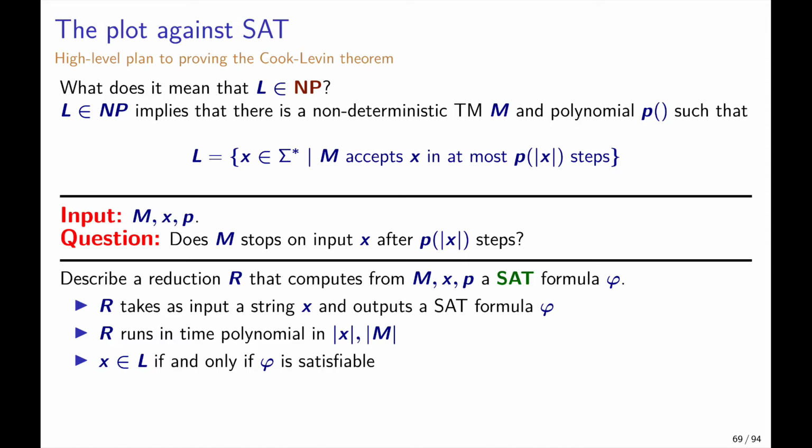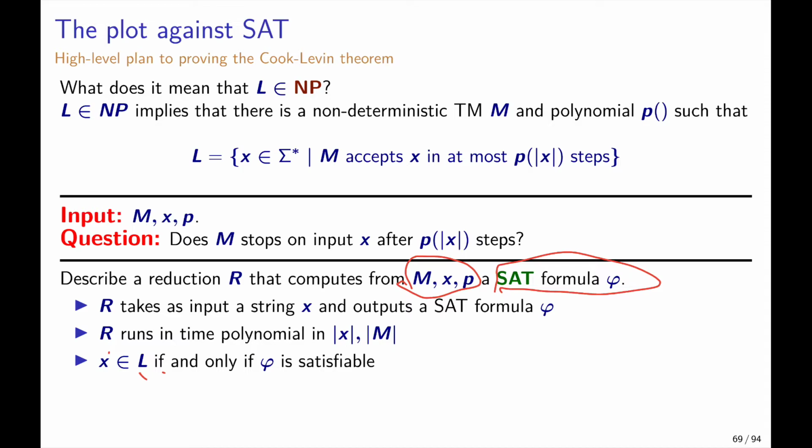So we are going to describe a reduction, a polynomial time reduction, that computes from those three input parameters, M, X, and P, a SAT formula. It's going to be a very large SAT formula. It's still going to be polynomial size in all the parameters, but it's going to be very large, such that M accepts X in polynomial time, namely X is in the language L, if and only if the formula is satisfiable.